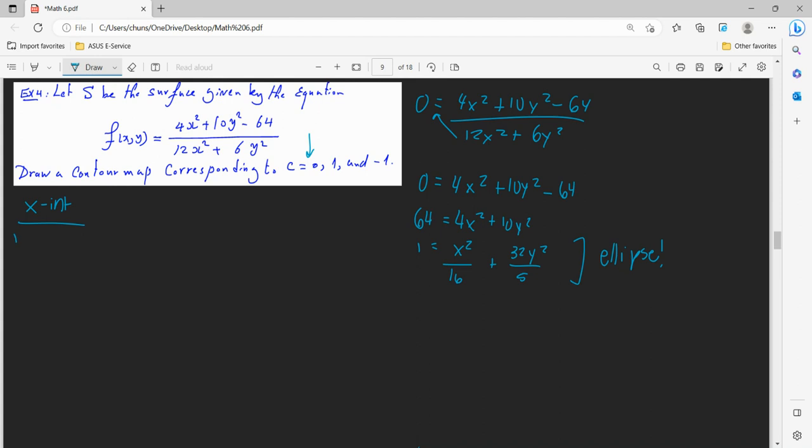We're going to set y equal to 0. So this gives x squared over 16, and this makes sense because our radius is going to be 4 on our x-axis. Well, 4 and negative 4. Sorry, let's draw that better.